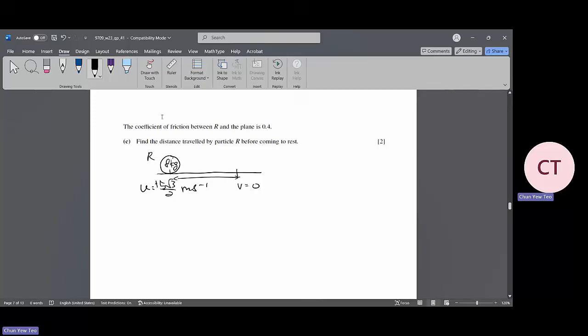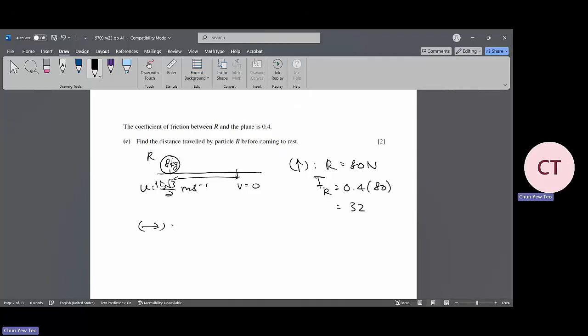Okay, so we need to calculate the normal contact force. Okay, the normal contact force R is equal to the 80 Newton. Then your FR is equal to the mu R. So it will be equal to 32. That is your frictional force.